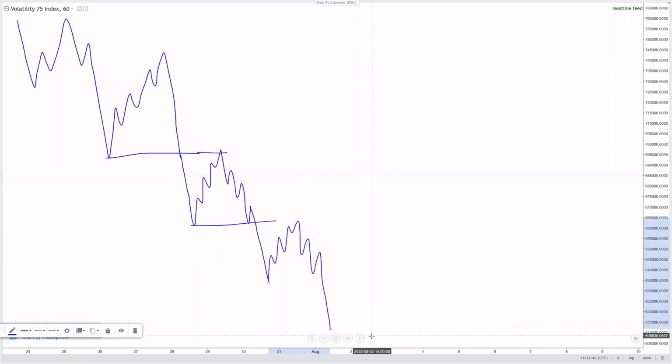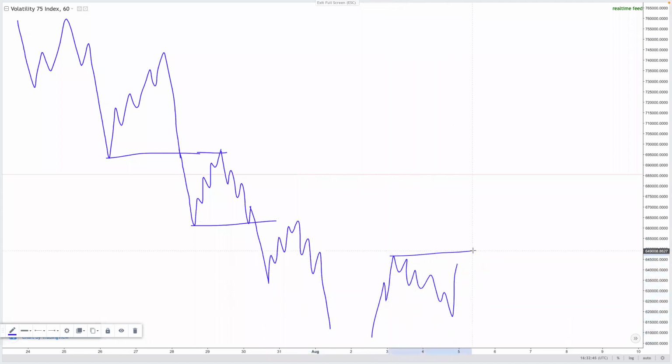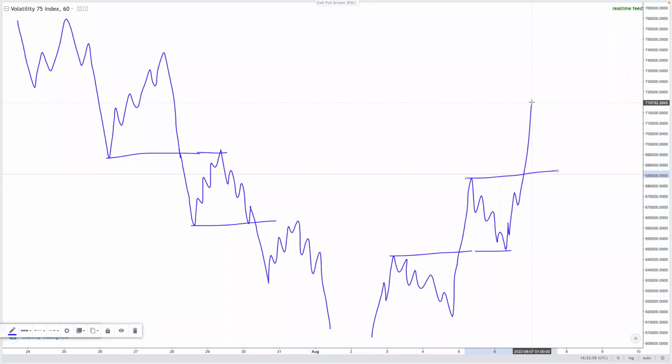And just in case we have an uptrend, it's usually the same. Price may break this structure, then come back to respect the same structure we just broke. Then price creates more highs, breaks this structure right here, then may come again to respect it and create more highs.